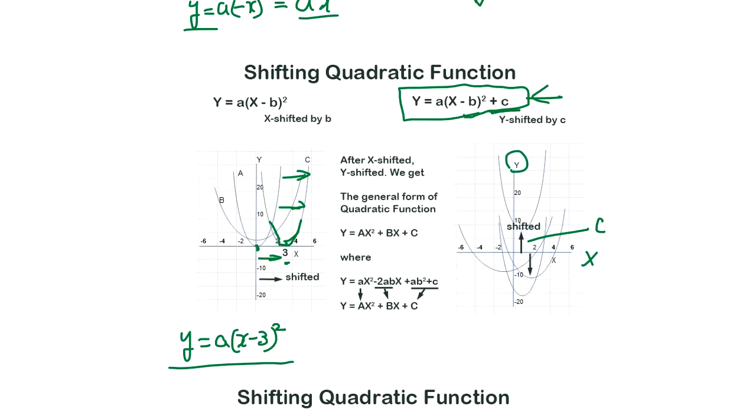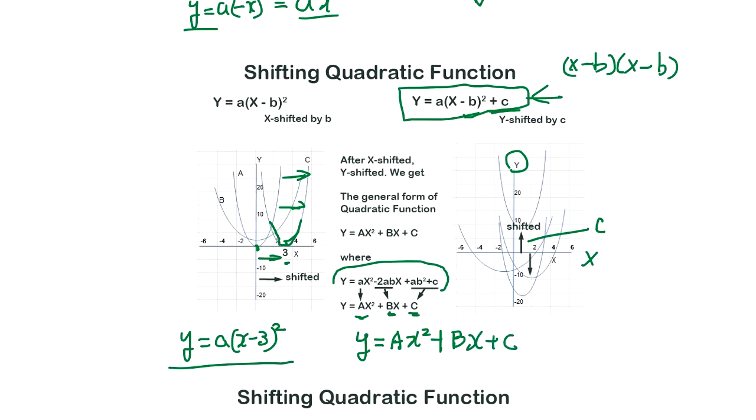But let's expand this. x minus b squared is x minus b times x minus b. We expand this, then it becomes like that. So we change the parameters into capital A, B, C. So the general form of the quadratic equation will be a x squared plus b x plus c.